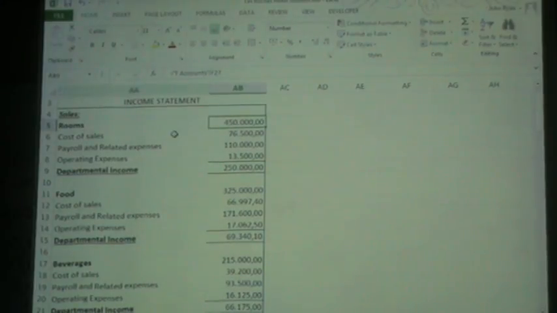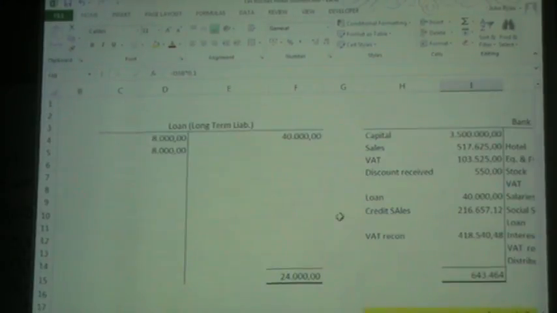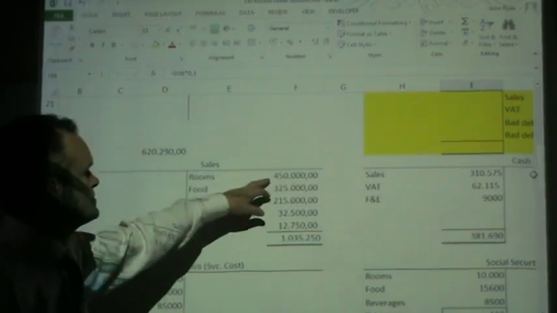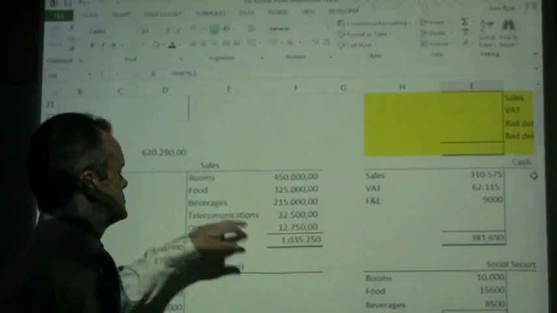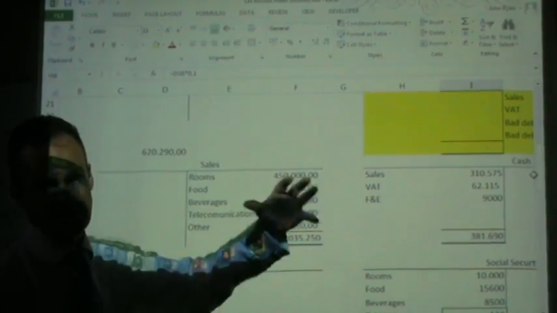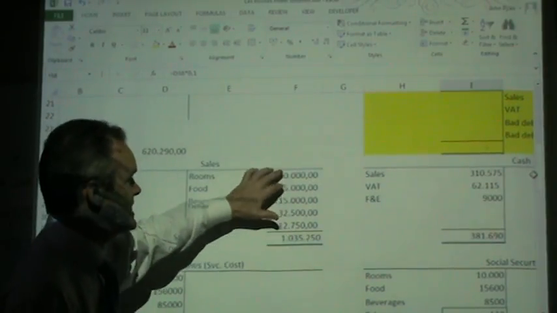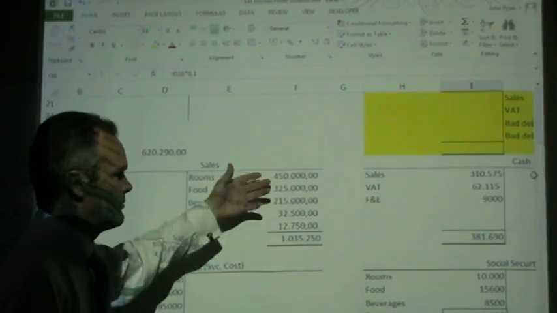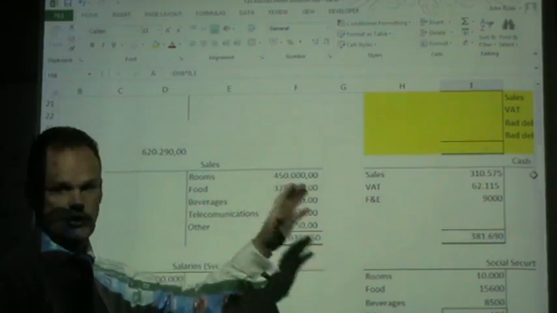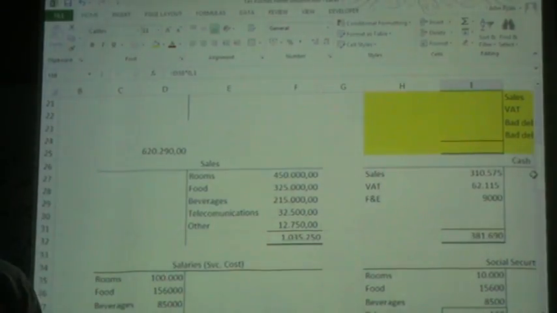So in this case it says T account is F27, so let's go to T account is F27, and here we can see that the sales for the rooms were 450,000, just as for food was 325,000. So these are all going directly to that, and that's literally it. We're just taking the individual departmental sales numbers from the individual accounts and putting them into the different departments.